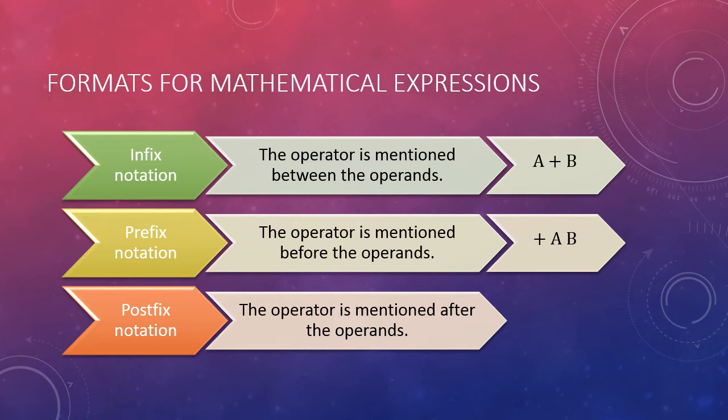So, if in infix we are writing a plus b, the postfix counterpart would be ab plus: the first operand, then the second operand, then the operator. So the first thing that we have learned is that there is more than one way of writing mathematical expressions.